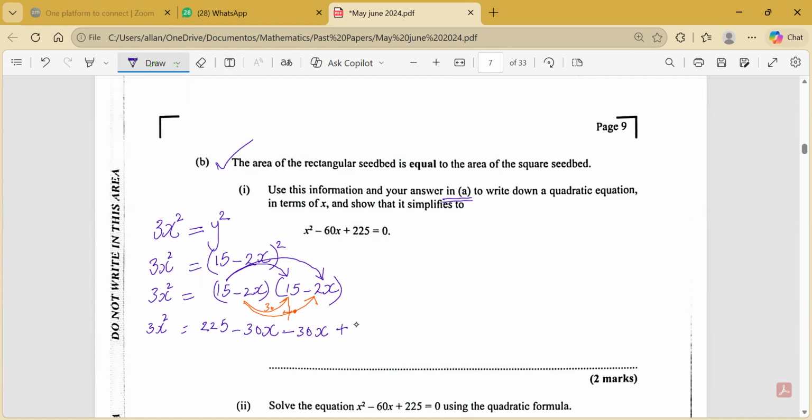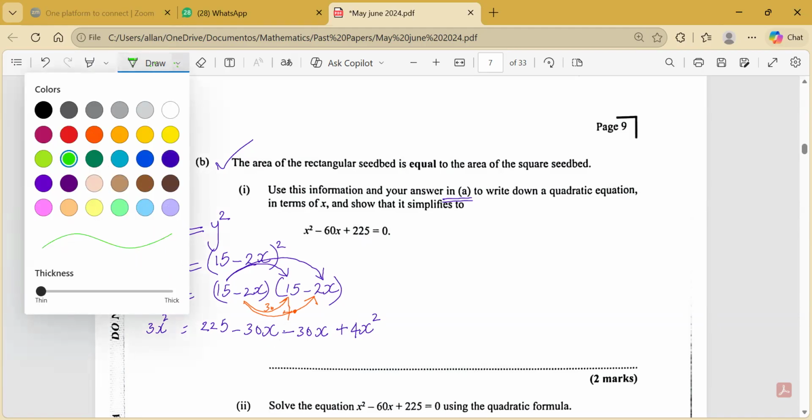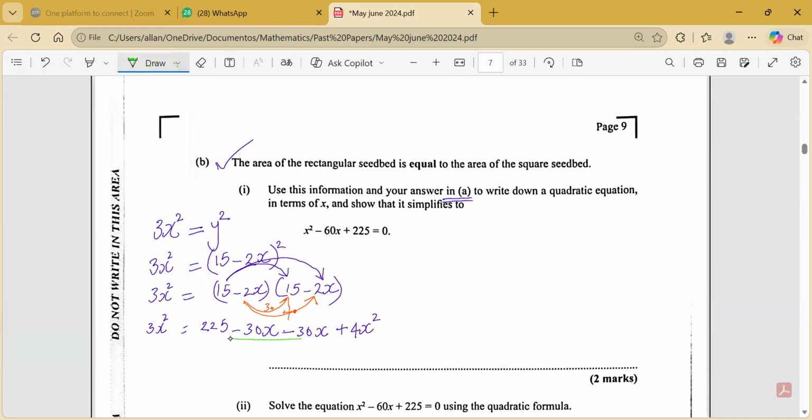Plus 4x squared. So let's simplify. How much is negative 30x minus 30x?